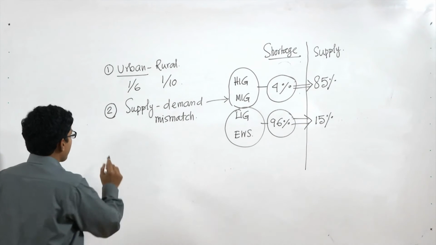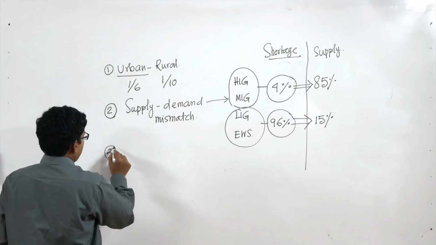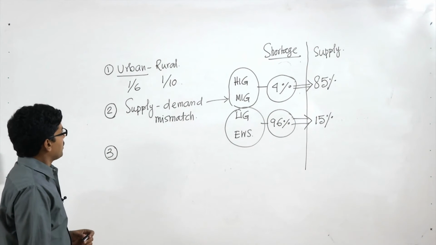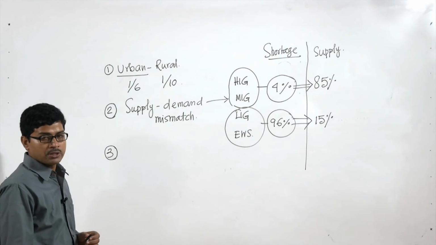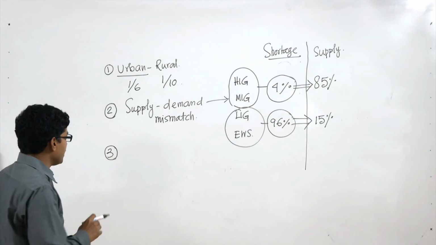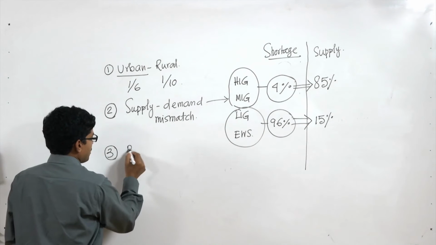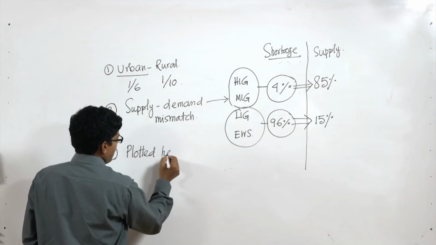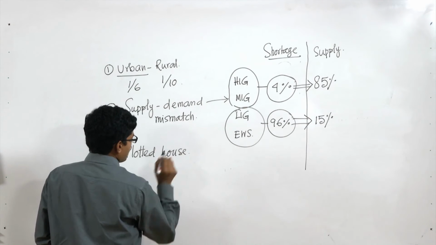Third is the housing situation, housing development in India, which is primarily plotted house.